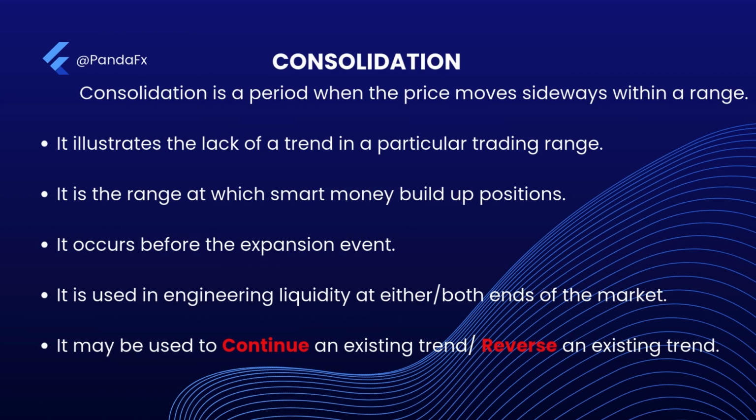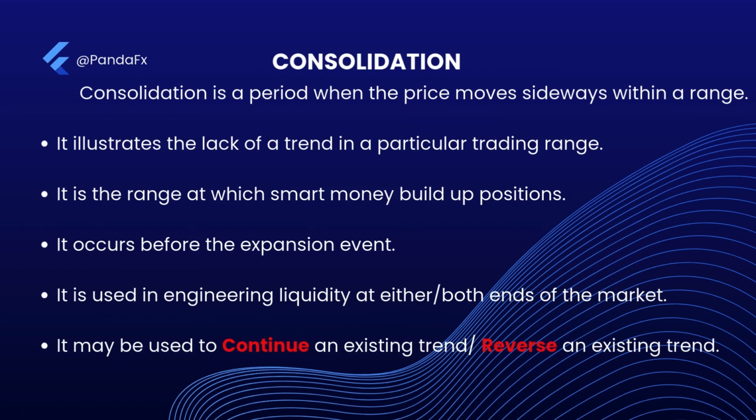Most, if not all, expansion events occur after the consolidation stage. After smart money has built up their positions, price moves out in the direction, and then they profit from that move.